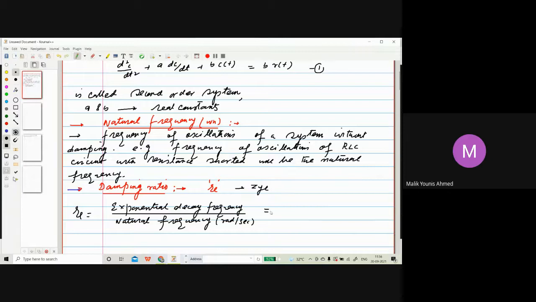If we take the reciprocal, we can write it as 1 by 2 times the natural period, in seconds, divided by the exponential time constant.